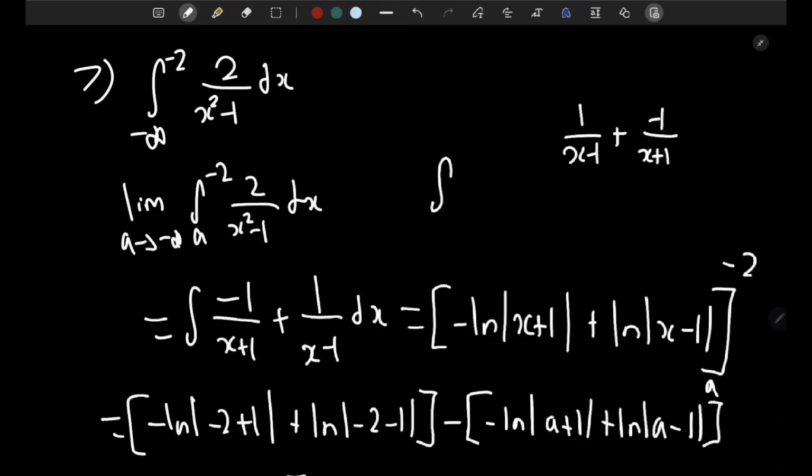If this is an MCQ question, then you can get the exact answer. So now when we have negative infinity, we want to slowly increase the limits toward negative infinity. Negative 2 is going to stay the same, and let's try first negative 999 and then slowly increase it gradually and see what happens to the answer.